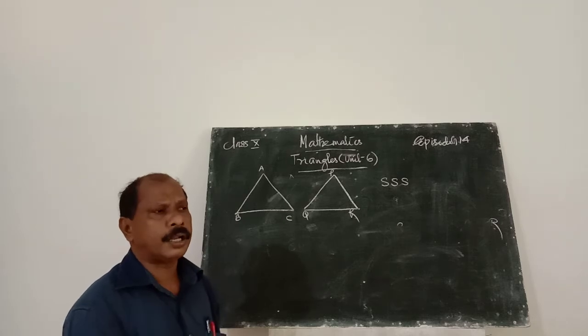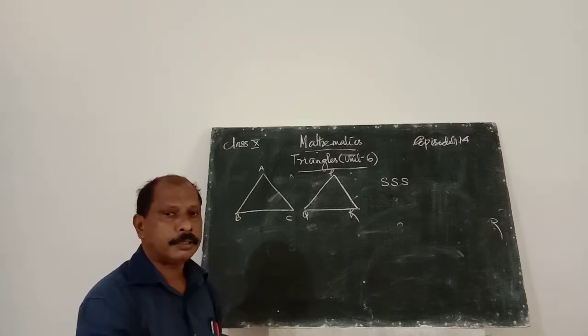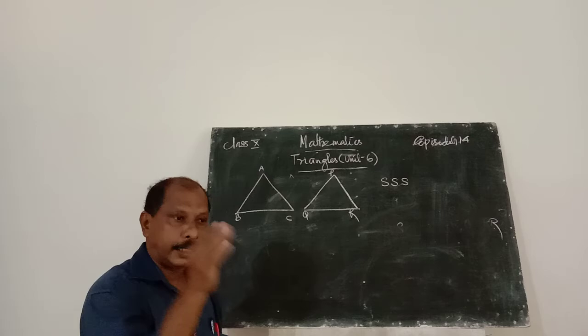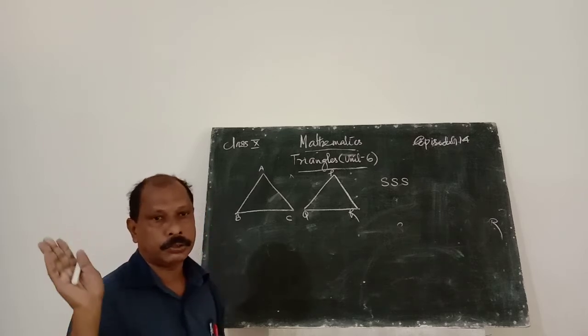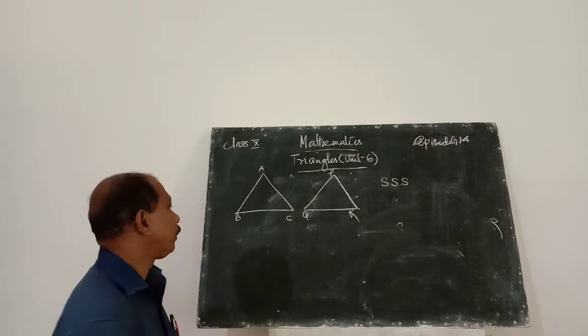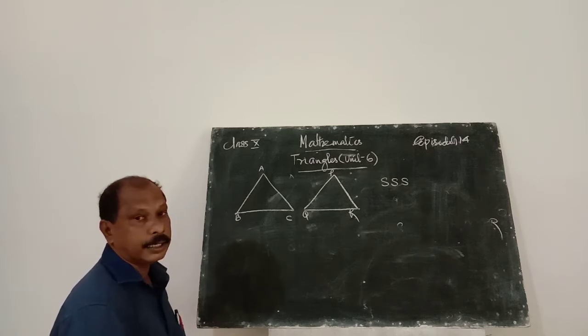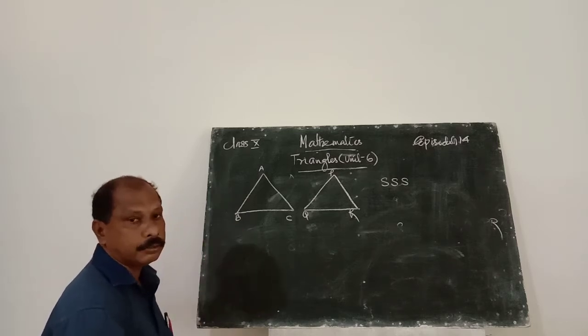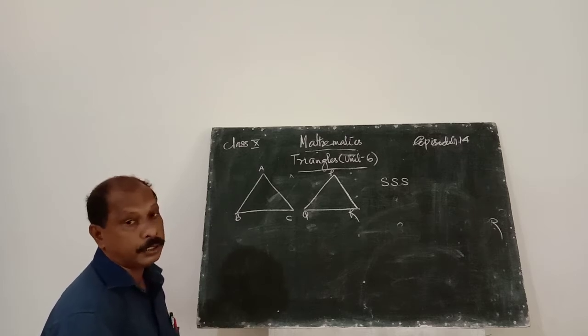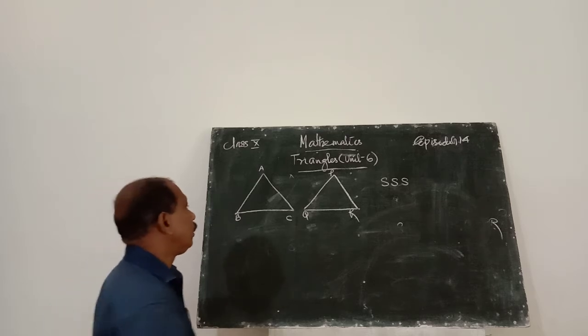The difference between congruent triangles and similar triangles: if sides are proportional, they are similar; if sides are in equal measure, they are congruent. That is the difference between these two. This is known as SSS criteria of congruency of triangles.